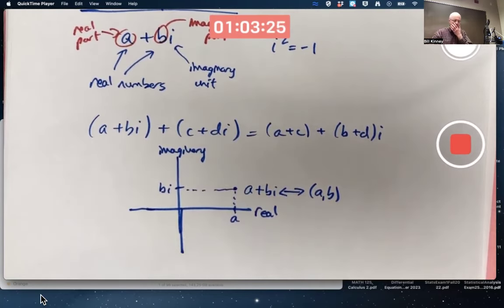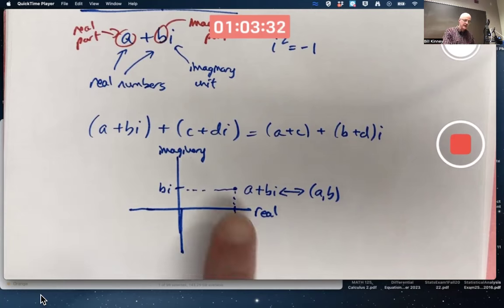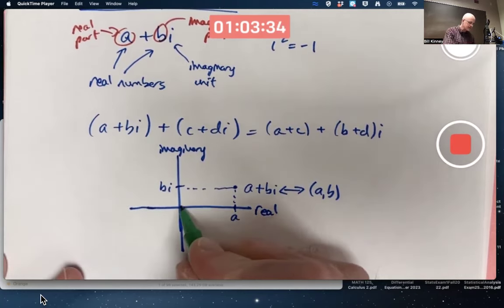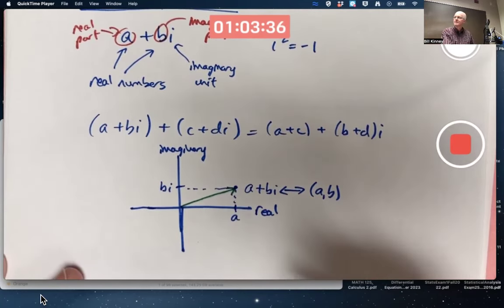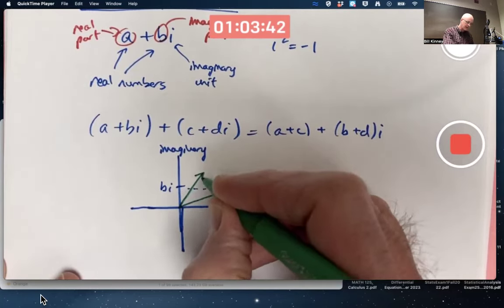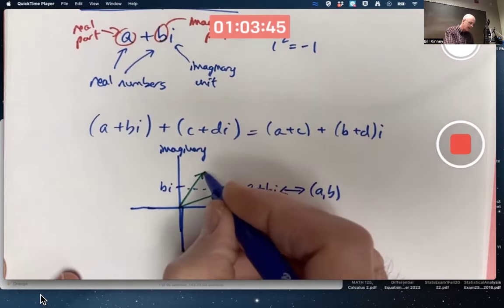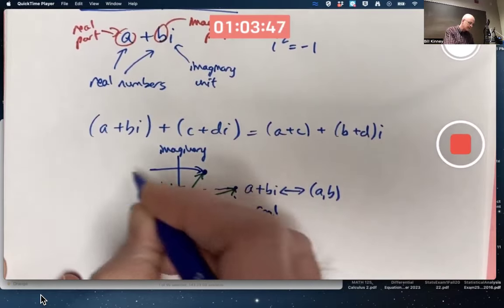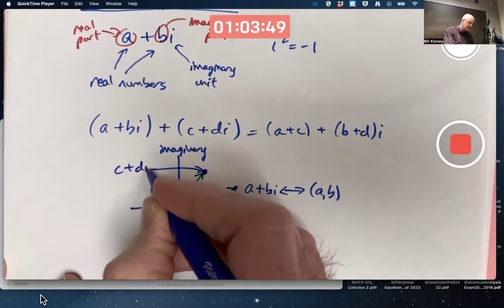And when you add complex numbers, it's actually better to think of them as being vectors. Just like when we did motion, you could associate these points with position vectors, starting at the origin. An arrow going from the origin to the point. I could do it for that complex number. I could do it for, say, a complex number right here. Maybe its real part is c, its imaginary part is d.